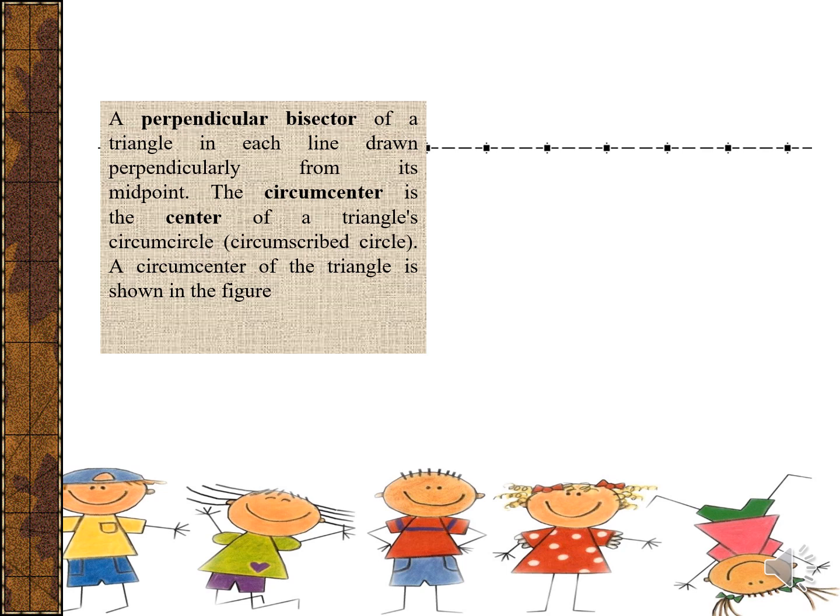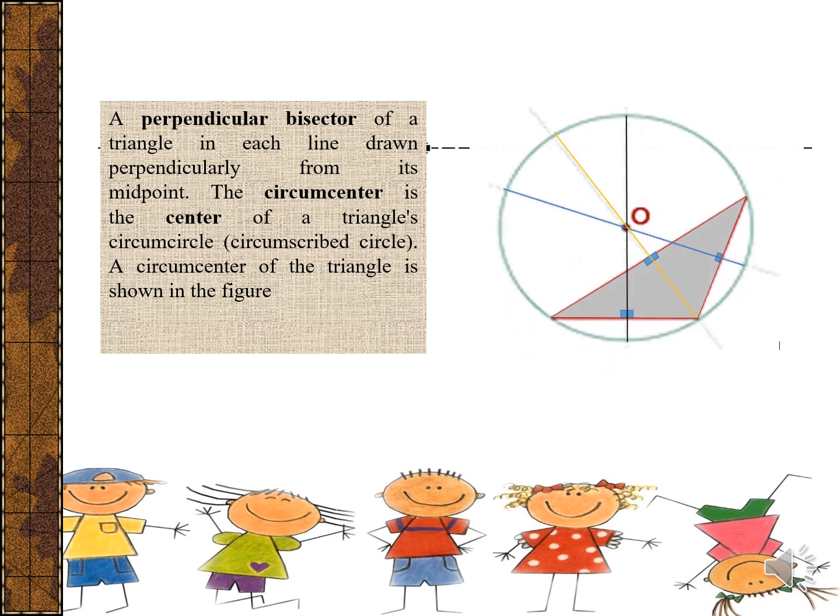A perpendicular bisector of a triangle is a line drawn perpendicularly from the midpoint of a side. The circumcenter is the center of a triangle's circumcircle, or circumscribed circle. A circumcenter of a triangle is shown in the figure.